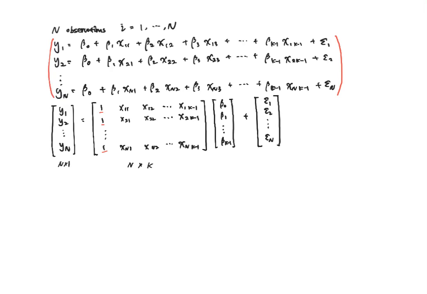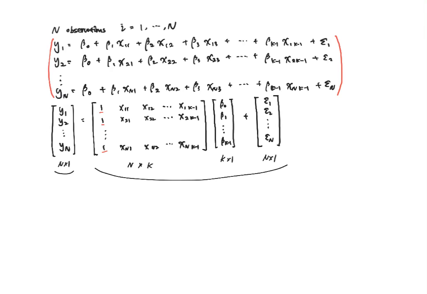This beta vector is k by 1, and this epsilon vector is n by 1. So in the end, the left hand side is n by 1, and the right hand side is also n by 1. So everything is perfect.